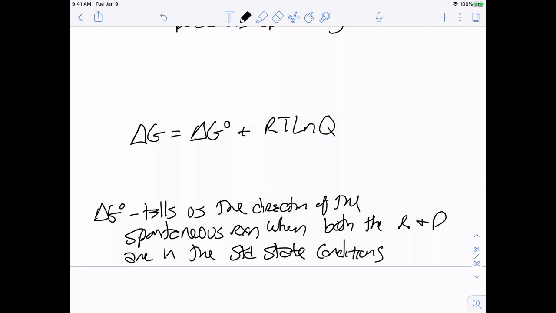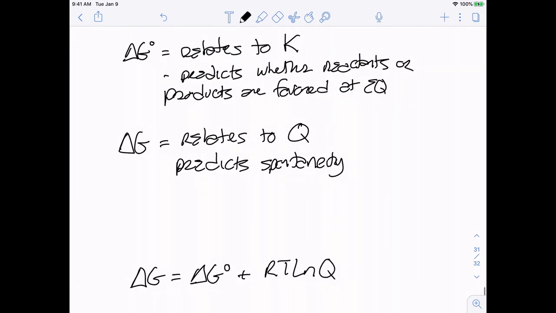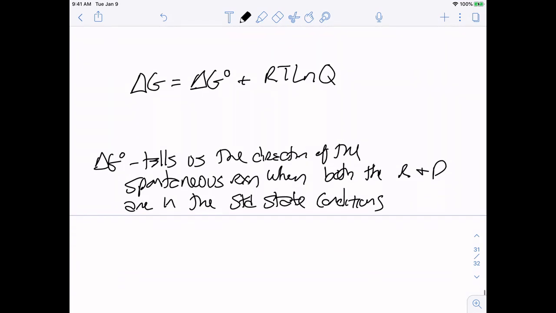I had said above that it was used to determine whether it's going to be reactants or products that are favored at equilibrium. It's both of these things. It's going to determine whether it's a product or a reactant favored at equilibrium, but it also tells us the direction that it's spontaneous. We can just tell, because we're going to relate it to K later, whether it's reactant or product favored. So I'm going to just add that second part again.